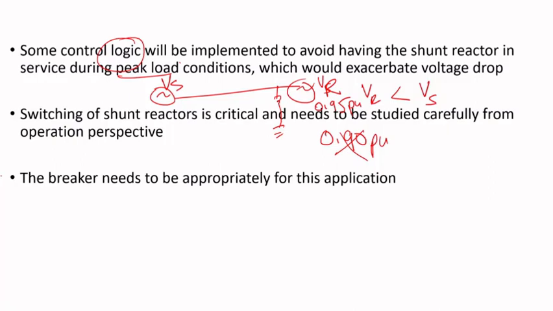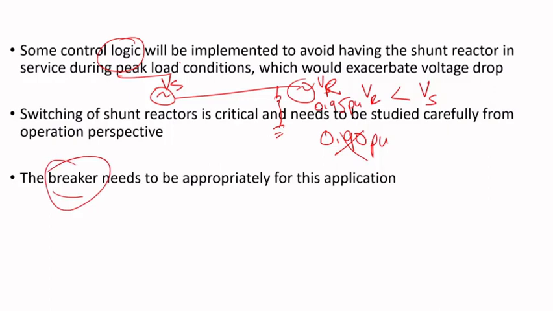Switching of shunt reactors is critical and needs to be studied carefully from an operation perspective, because you have to have the proper breaker to do that, and that's something you have to convey in the specification of the breaker: what is the application of the breaker, because it's not just a normal breaker.